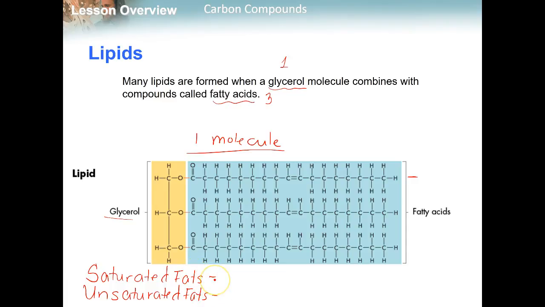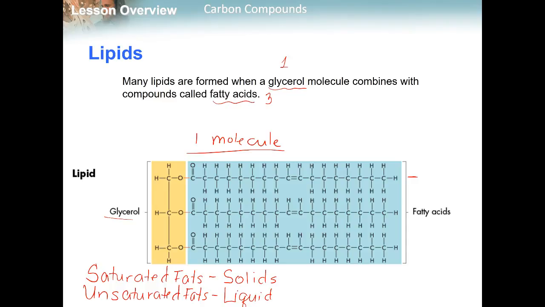Saturated fats, we're going to find these as being solids at room temperature. So that's going to be your butter, your lard, okay? They're solid. And unsaturated fats are going to be liquid at room temperature. So those are going to be your oils, your corn oil, your vegetable oil, your canola oil, your peanut oil, anything that's an oil.